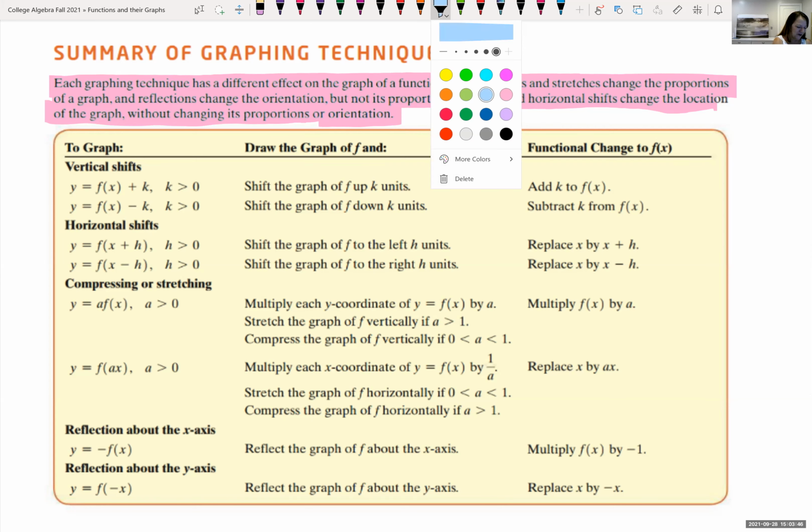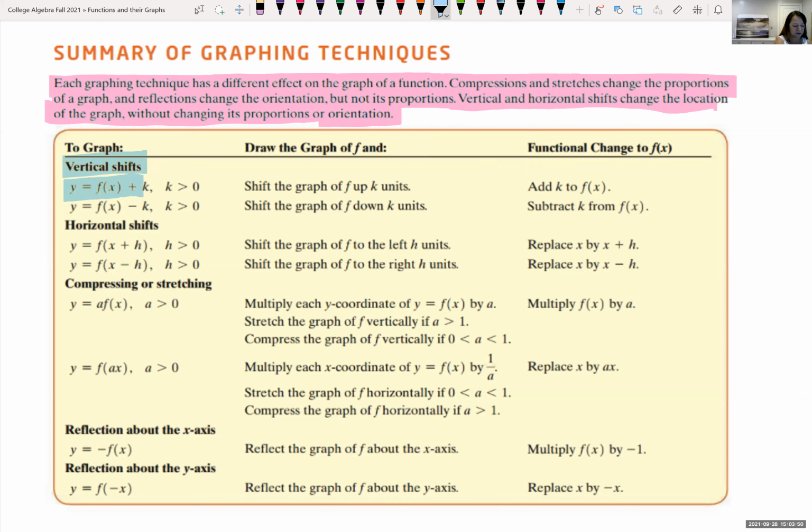Okay, so vertical shifts. If we have y equals f of x plus k, where our constant k is greater than 0, this shifts the graph of f up k units. So all we're doing is adding k to the y value.